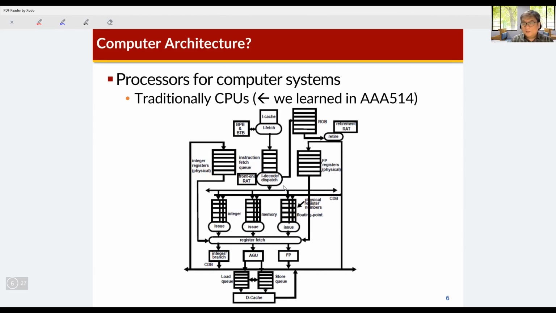But I want the students to understand some basic concepts of this CPU operation.